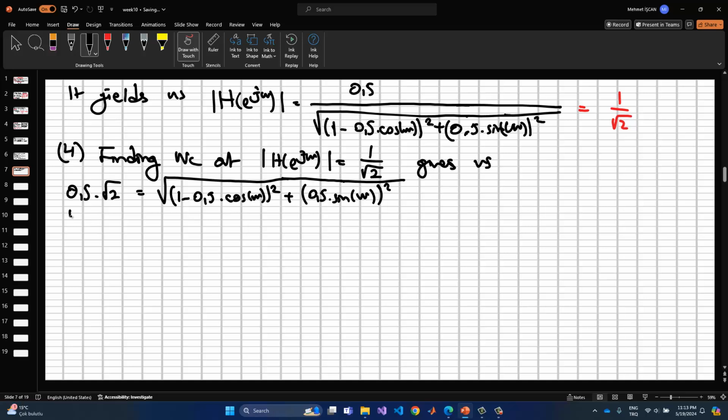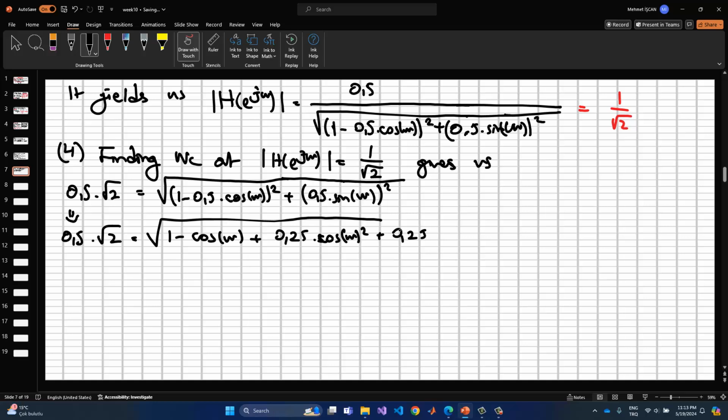In the expansion form we have 0.5 square root 2, which can be written as 1 minus cosine w plus 0.25 cosine w squared and 0.25 sine w squared.